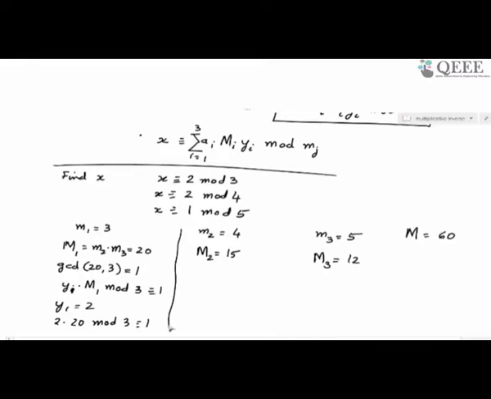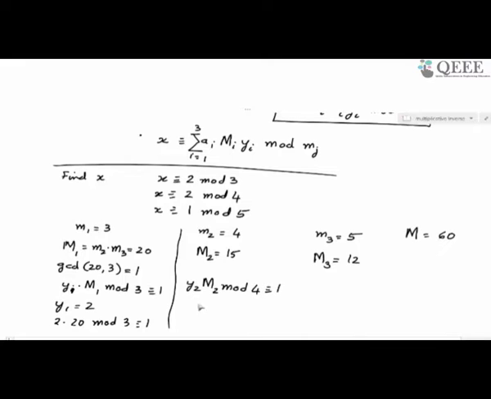In a similar way, we see that the GCD of 15 and 4 is 1, and therefore y2, the inverse of M2 mod 4, times M2 should be 1 mod 4.